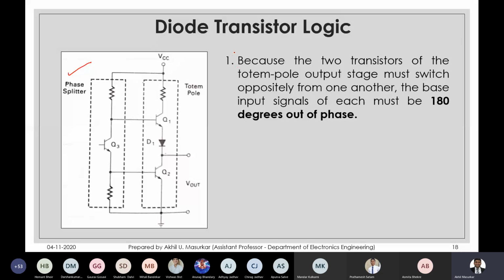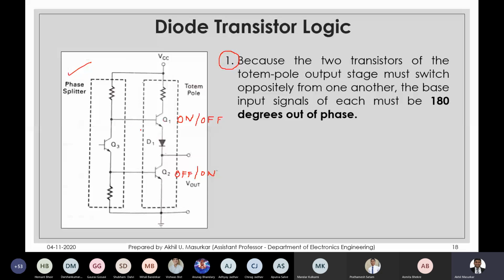What is the meaning of this statement? The meaning is, at any given point of time, only one of them should be on. That is, if Q1 is on, Q2 should be off, and if Q1 is off, Q2 should be on. Only one of them should be on.